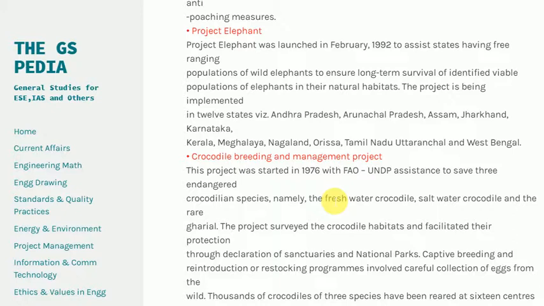The project is being implemented in 12 states, viz. Andhra Pradesh, Arunachal Pradesh, Assam, Jharkhand, Karnataka, Kerala, Meghalaya, Nagaland, Orissa, Tamil Nadu, Uttarakhand and West Bengal.